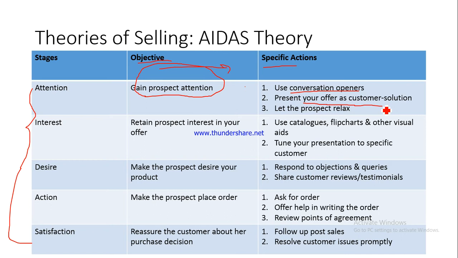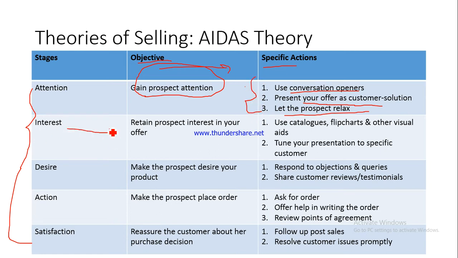So for example, if the customer wants some kind of a cooling device for his office, then you can suggest how your AC is going to be the best solution for this problem that the prospect is facing. Fine. And thirdly, what you have to do is you have to let the prospect relax. So these are the specific actions that a salesperson has to indulge in.